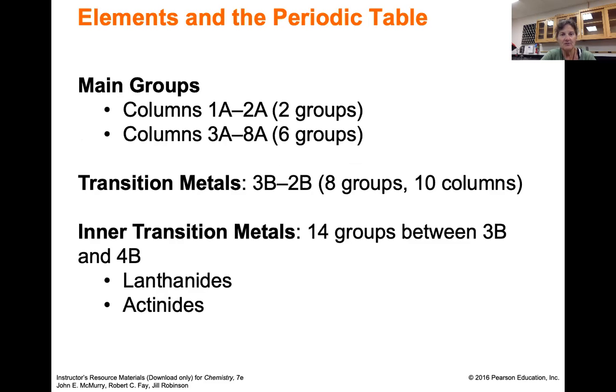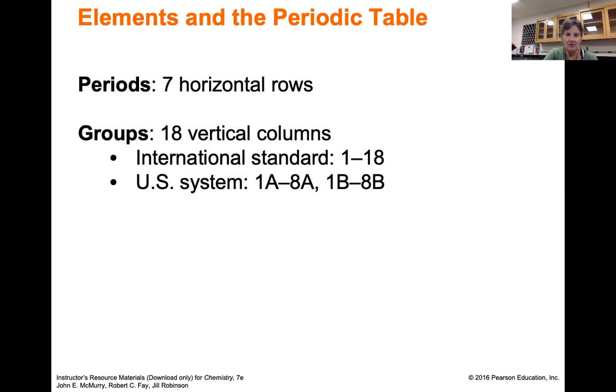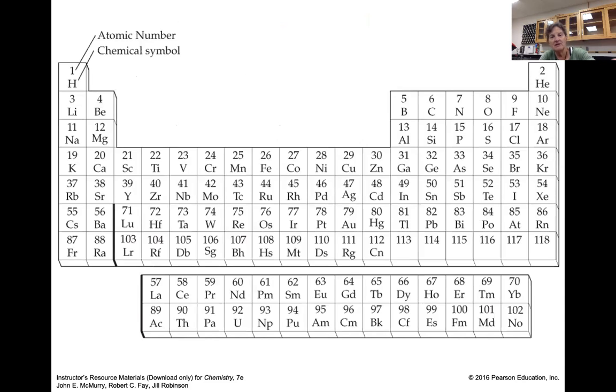So we have the main groups in columns, we have transition metals, and we have inner transition metals. When we go back here, the main groups are the 2 columns on the far left and the 7 columns on the far right. The transition metals are that area in the middle, and the lanthanides and actinides are at the bottom.